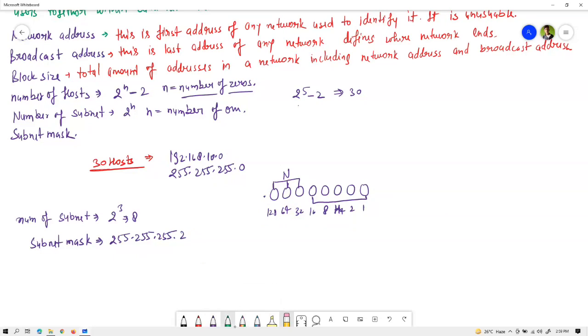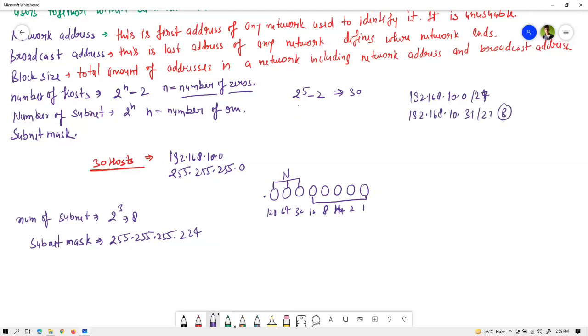You will get 30 hosts from this network address, and you will be able to create 8 subnets like this. So you can start from subnet 0 slash 27, and then 192.168.10.31 will be its broadcast ID.